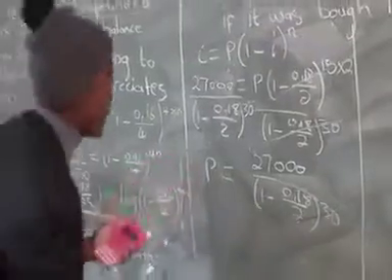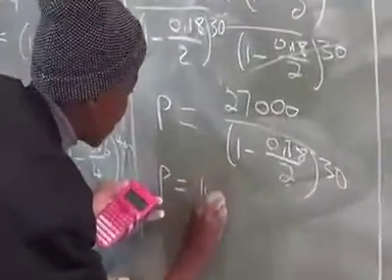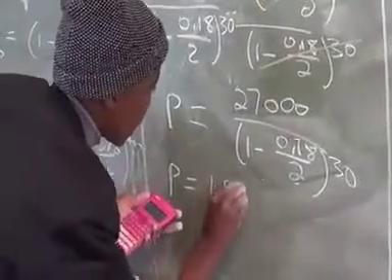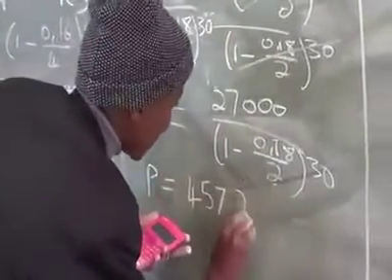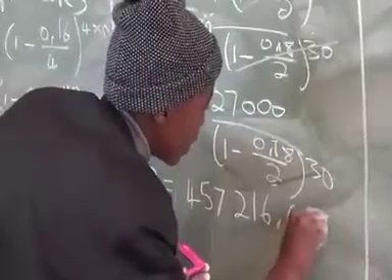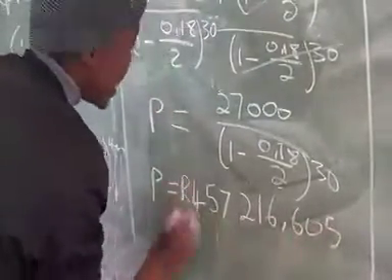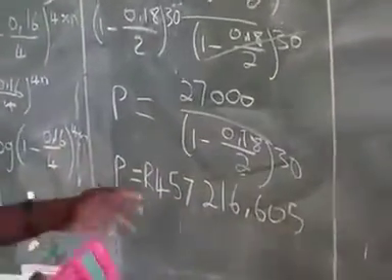So the answer, how much is P? It is 457,216.605. So this is the final answer that we get. What does this answer tell us?